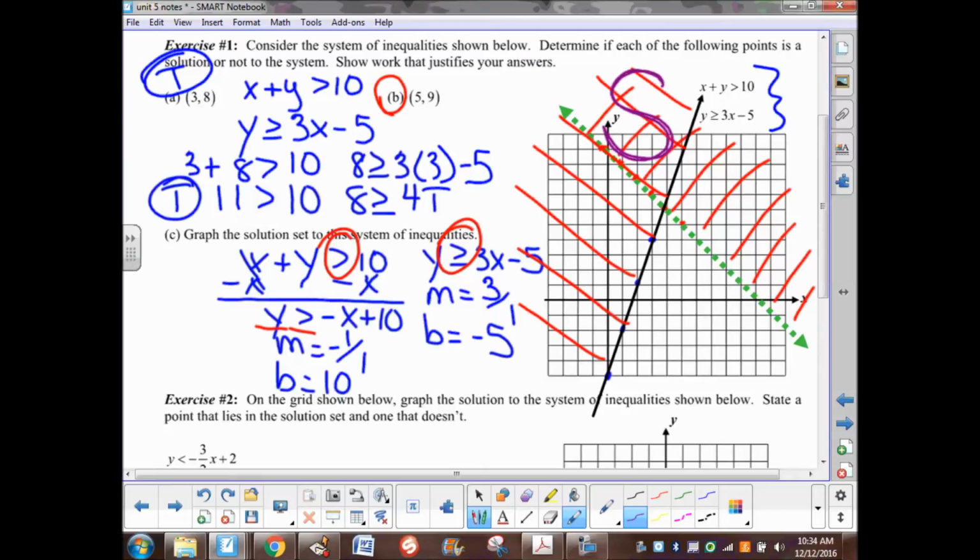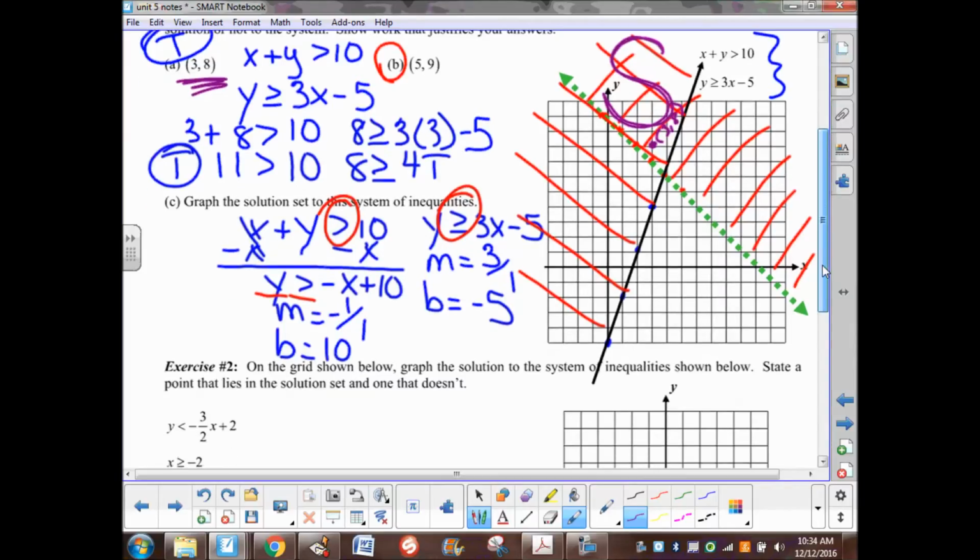So could we go back and look to see, is (3, 8) in that solution set? 1, 2, 3, 1, 2, 3, 4, 5, 6, 7, 8. Yes. Okay. Another way to show that graphically, we showed that that was a solution algebraically. You could test (5, 9) to see if your answer was correct for part B.